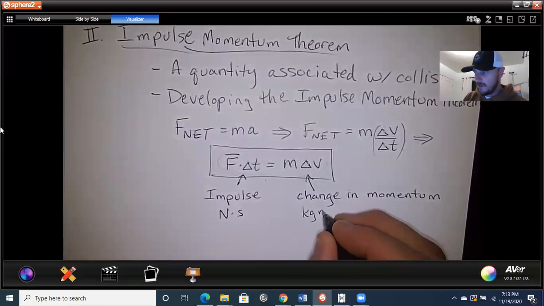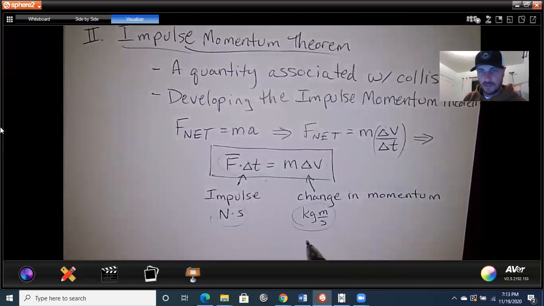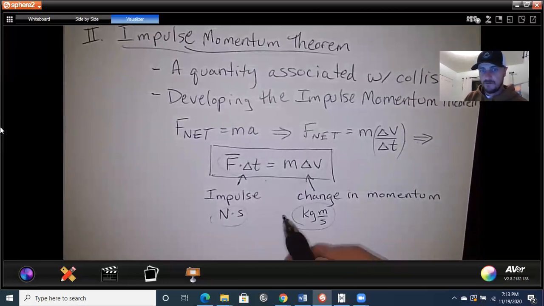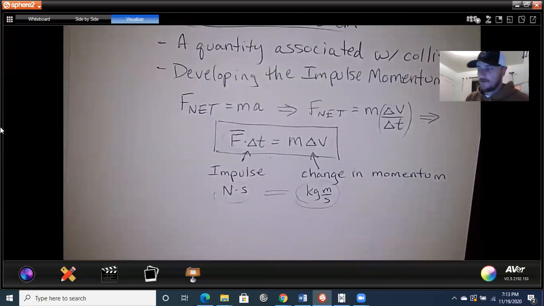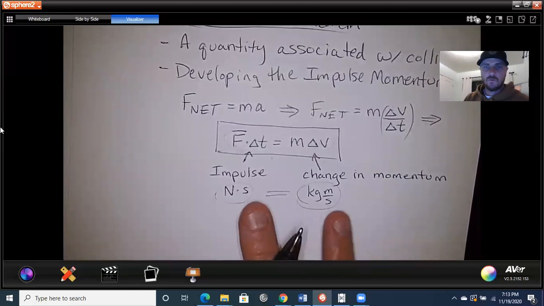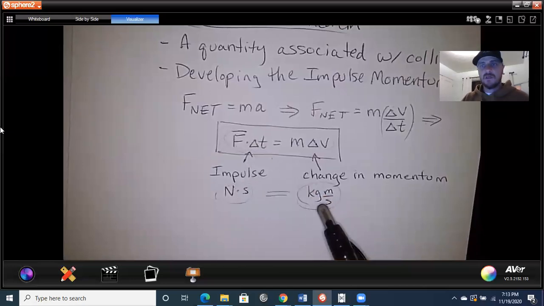So the point I'm making to you is these two units are equivalent ideas. So the Newton second is equal to the kilogram meter per second. And you really could use either one to talk about momentum or impulse, and you would be correct. Typically, we use the Newton second for impulse, and typically for momentums, we use the kilogram meter per second.